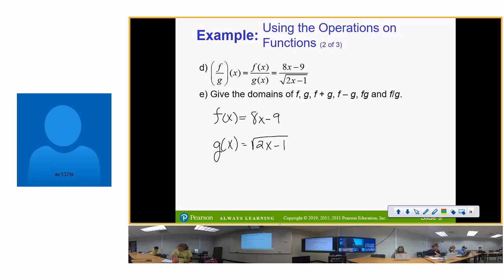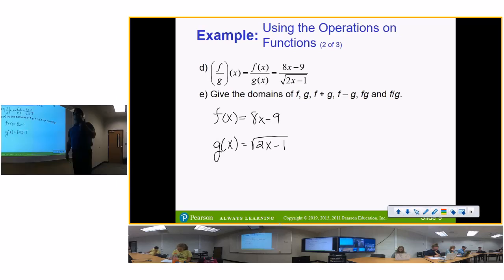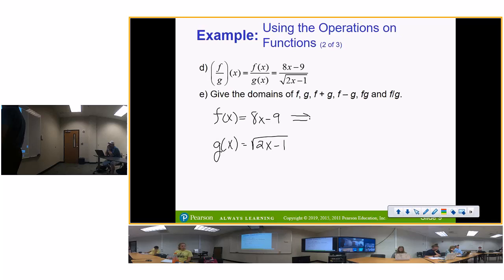Now, what did I tell you? If a variable has the first power, the second power, the third power, and it just keeps going, then what is the domain? All real numbers, yes, because nothing affects it.